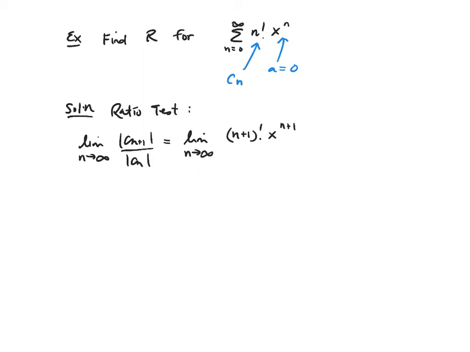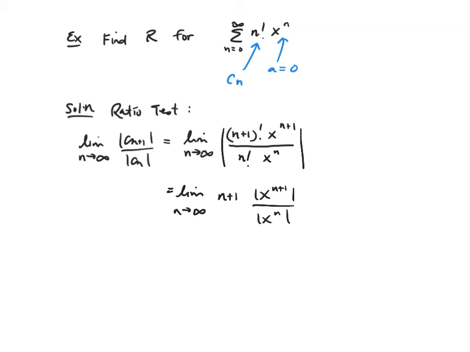Now this one, unlike most of these expressions, doesn't involve a ratio of two expressions, so I can just literally do my a n plus 1 over a n without too much bother. Absolute values on the whole thing. We've seen this a bunch of times now. The n plus 1 factorial over n factorial just gives me n plus 1, and I have an x to the n plus 1 over x to the n.